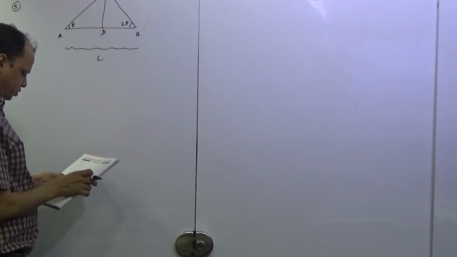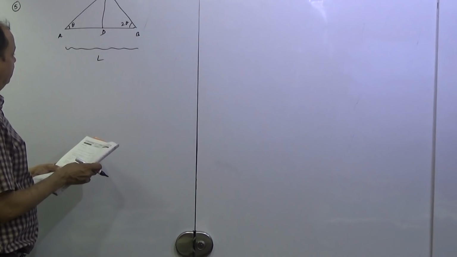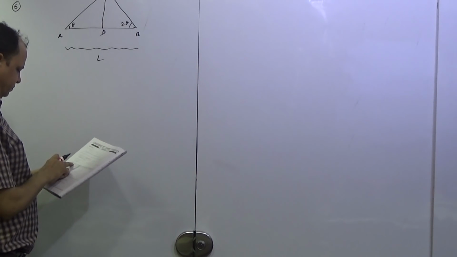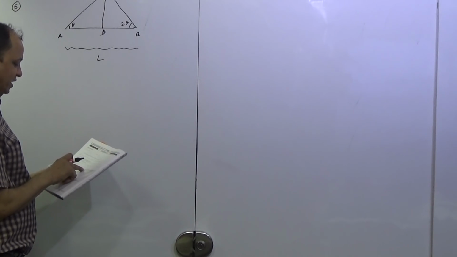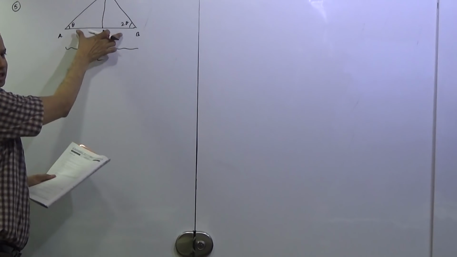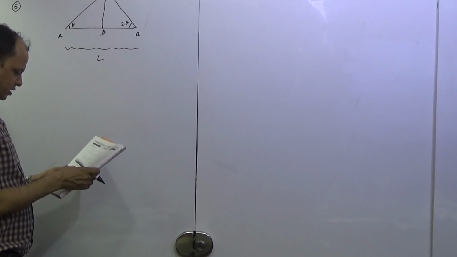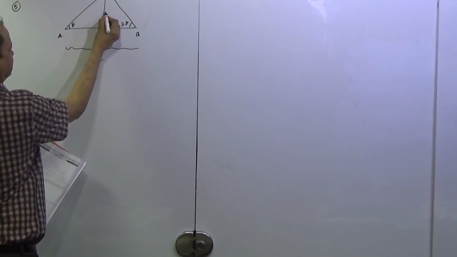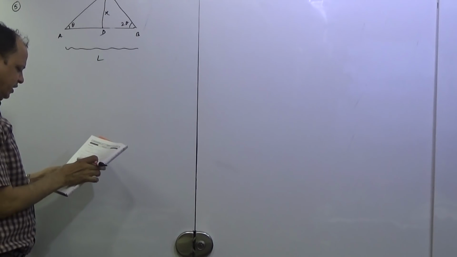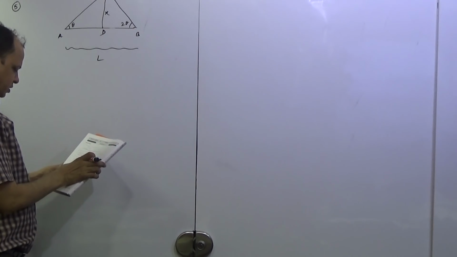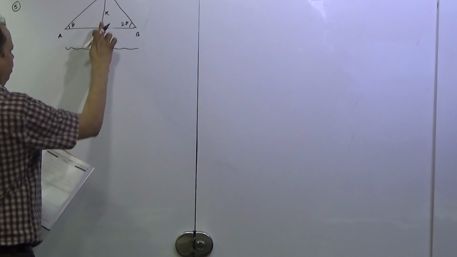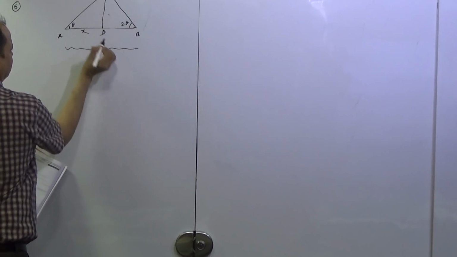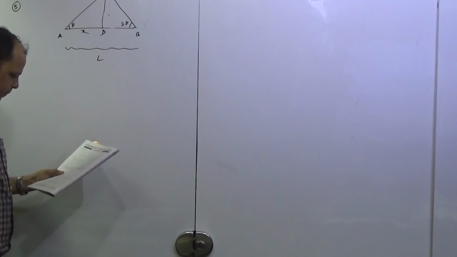So the altitude, AD is not L, AB is L. At the endpoints A and B of the fixed line segment of length L, means AB is L, in the beginning of the question. D is the foot of the altitude CD, and let x represent AD. Okay, I'm sorry. This is x. So this is L minus x.